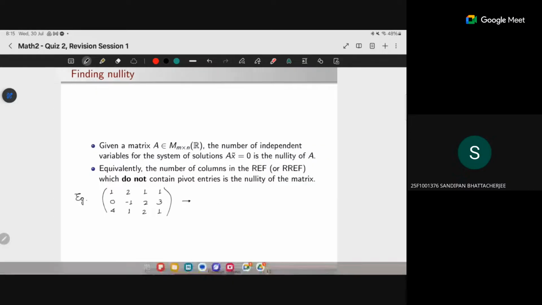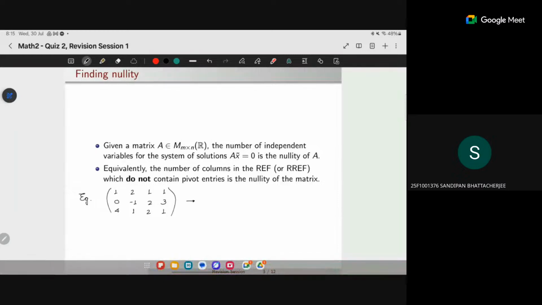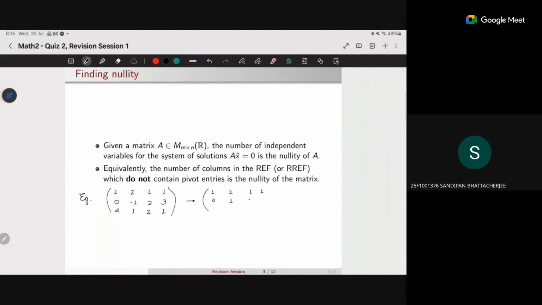REF and RREF don't make a difference in the context of finding the nullity. So I'll leave the first column as it is, multiply the second by minus 1, and then remove 4 times, which will give me, yeah, if I make a mistake, let me know.